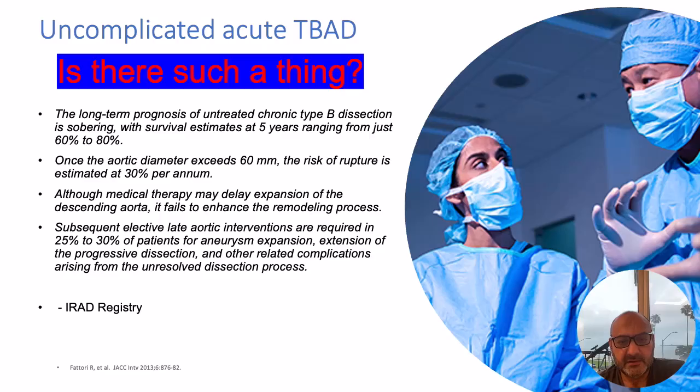Medical therapy will help, it will delay the expansion of the aneurysm, but ultimately these patients will develop aneurysms, and if they're not compliant and don't show up for follow-ups, they will just show up to the ER one day with rupture, if they even make it. Subsequent elective late aortic intervention is required in about 20 to 30% of patients treated medically, for aneurysm expansion.